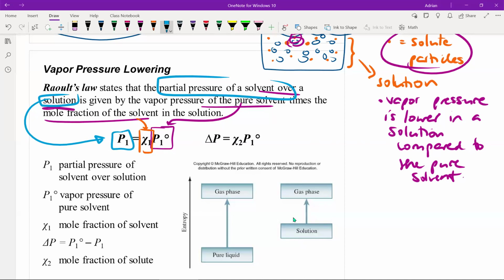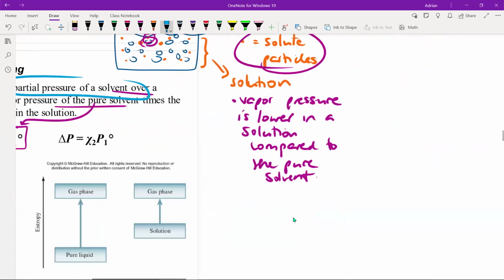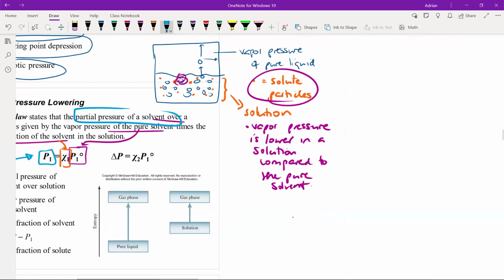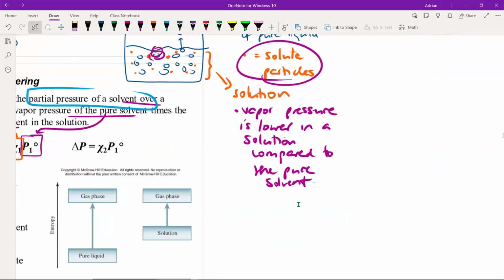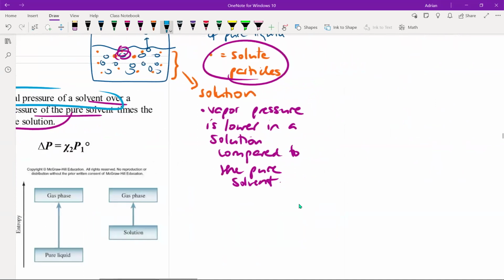Now, what we can also do, if we have a solution that is only made up of two components, one solute and one solvent, is come up with another equation that allows us to determine the change in the vapor pressure. So let's rewrite that equation.